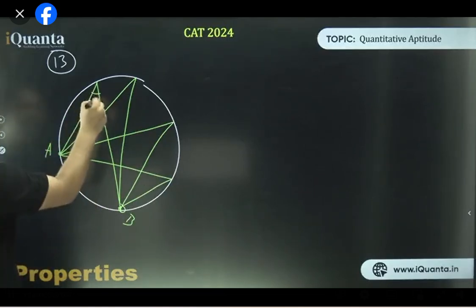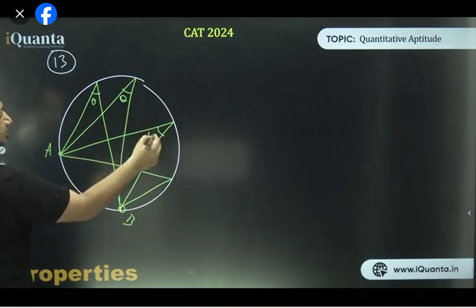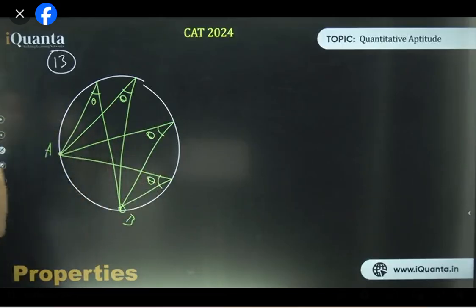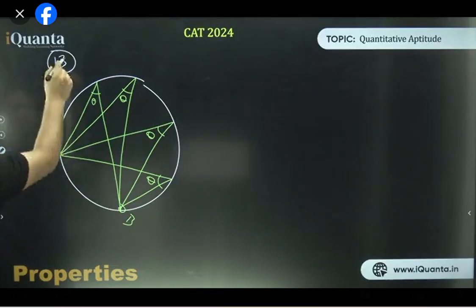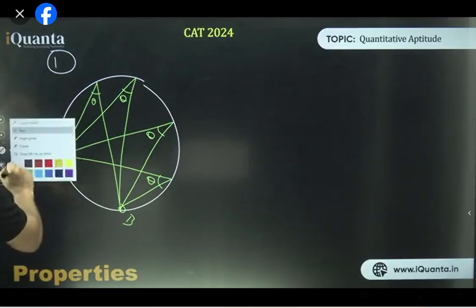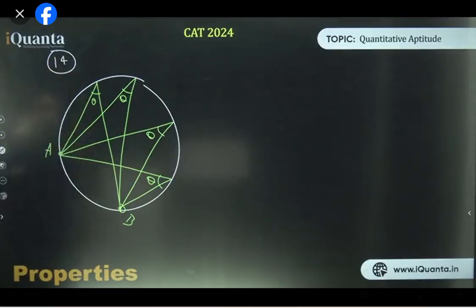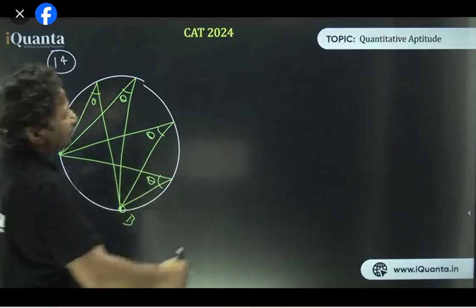So all these angles will be equal. All of them will be equal. All right. ठीक है, everyone. Is that clear? Coming to 15th.